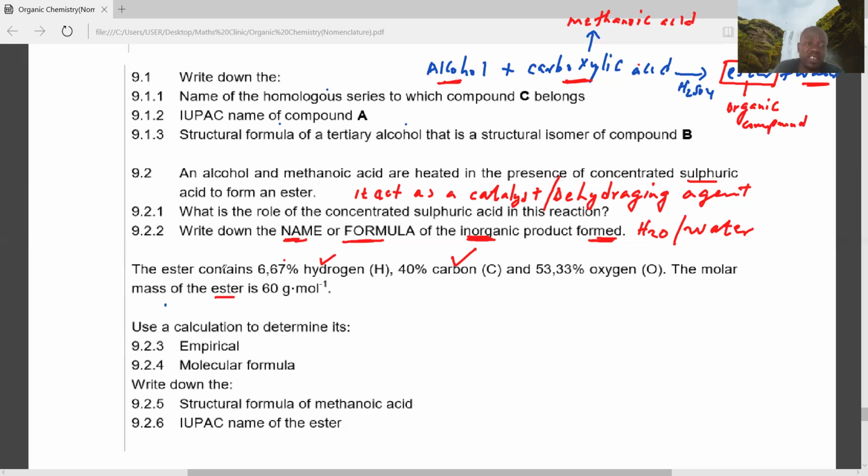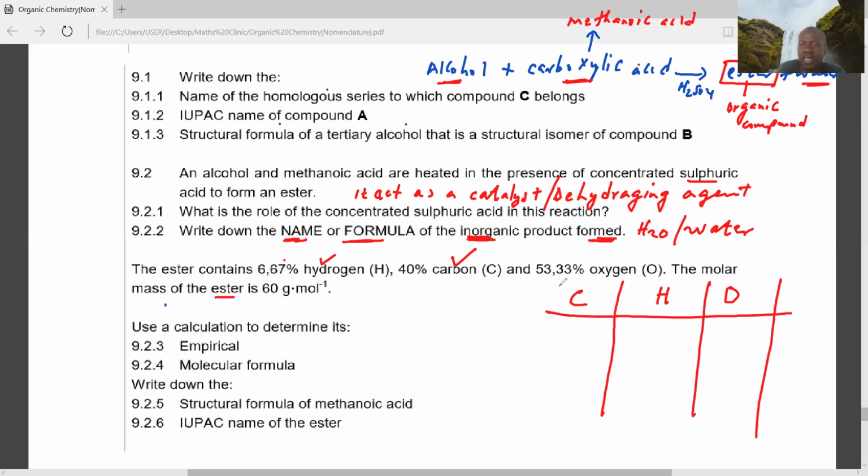To do that, we start with carbon, hydrogen, and oxygen, and I'm going to draw a table. Since you are given percentage composition, we take those percentages as the mass of each element, assuming a 100 gram sample.